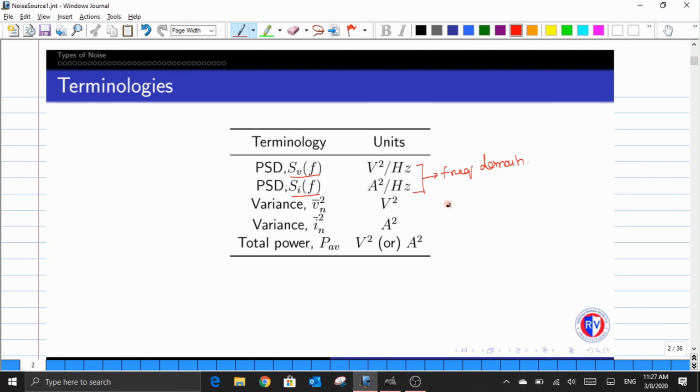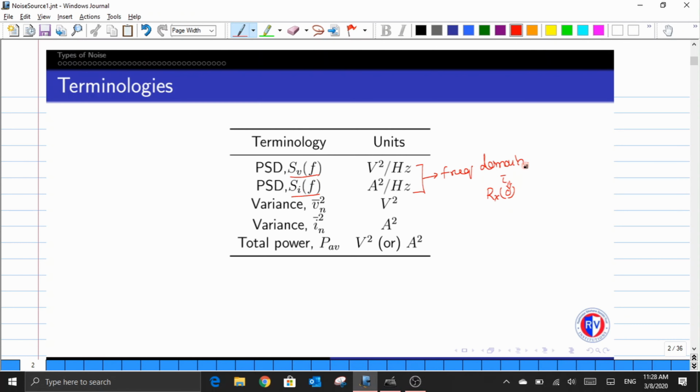And later we started using the Wiener-Khinchin relation to convert this power spectral density into an autocorrelation function. Because the random process is so random, the autocorrelation function will have a non-zero value only when tau is equal to 0.